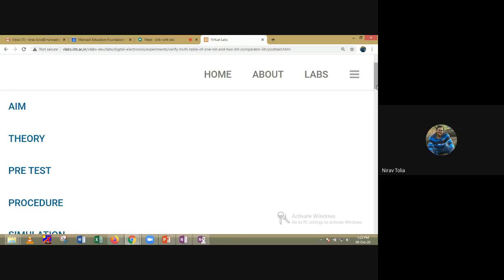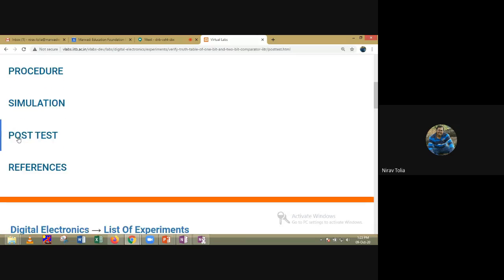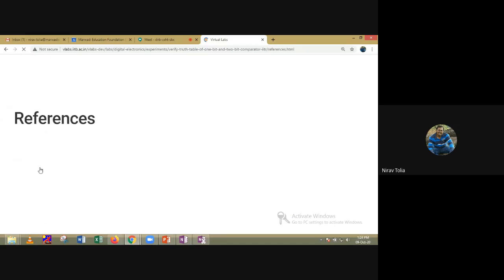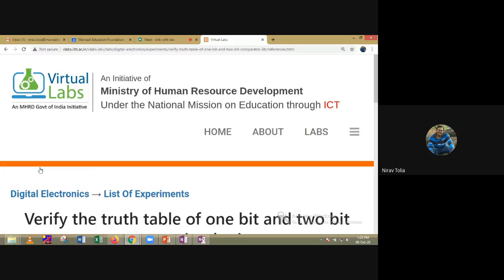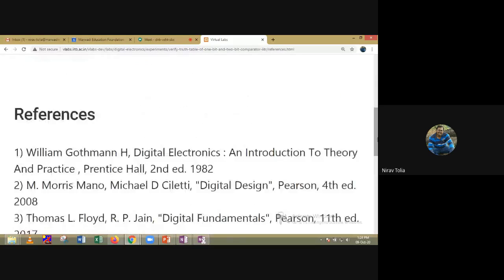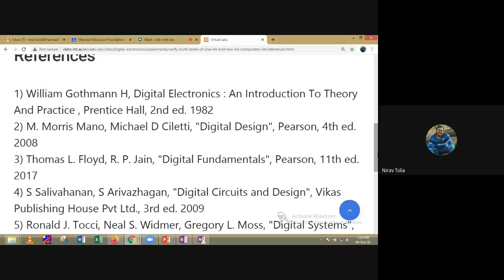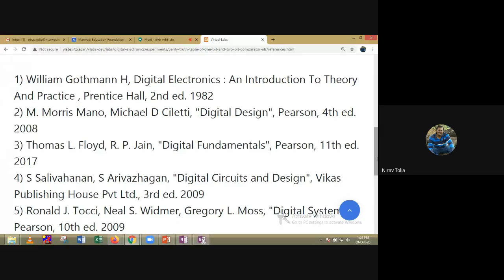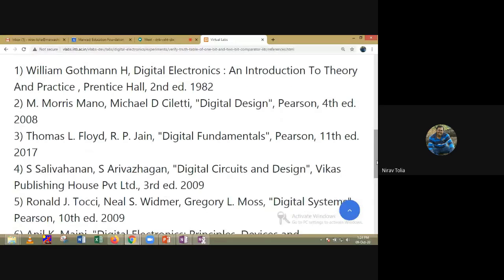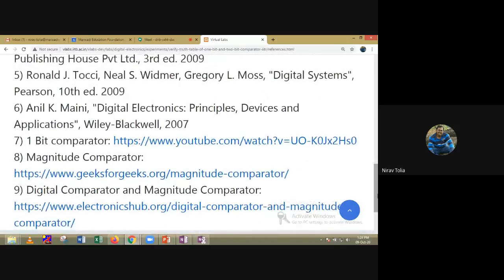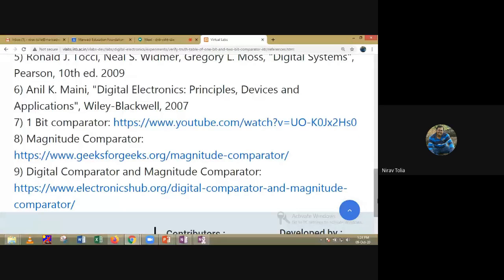And at last we also have references. If you want to learn more about comparators and how they work, you can check the references, in which we have a number of reference books, and also links and a YouTube video. In the YouTube video, you can learn how to make a comparator on a breadboard.